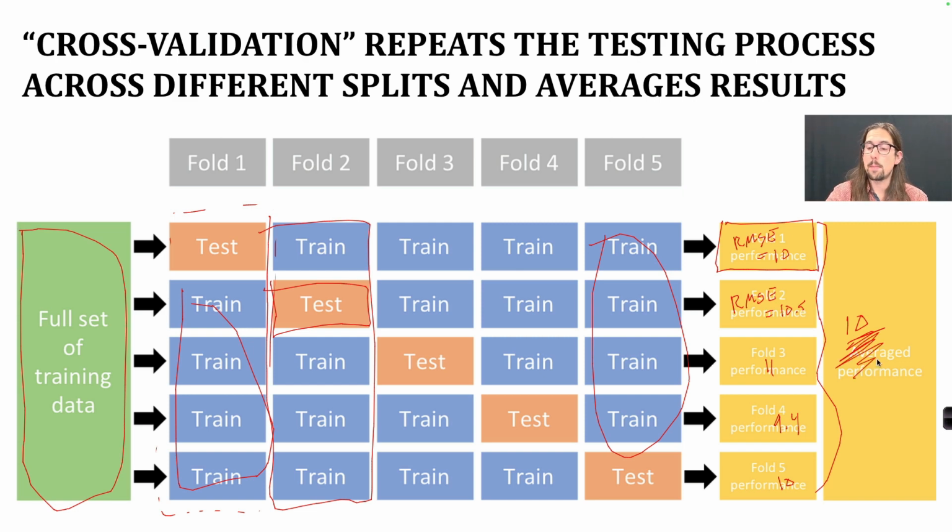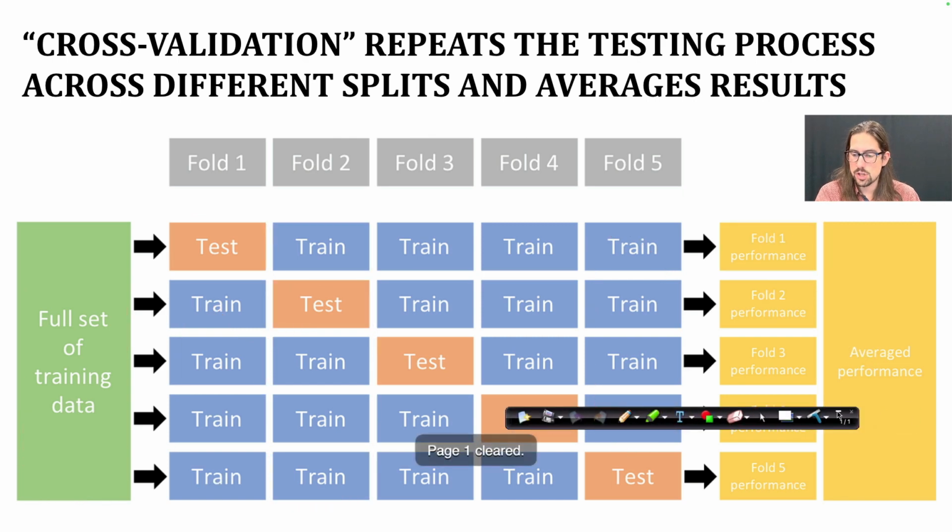But you can use this number as an estimate of the performance of this model, because this is the average performance of these 5 models, and this model is going to be very similar, if not better, to all of these 5 models because it has more training data in it. It's actually going to perform better. Moreover, it's going to be different than these, but these are 5 different models. The average of these is going to be representative of the average model that you're going to get when you train using this algorithm. So that's the idea of cross-validation.